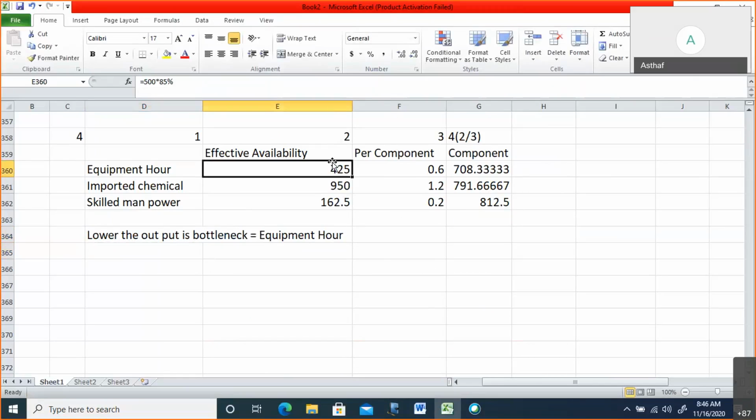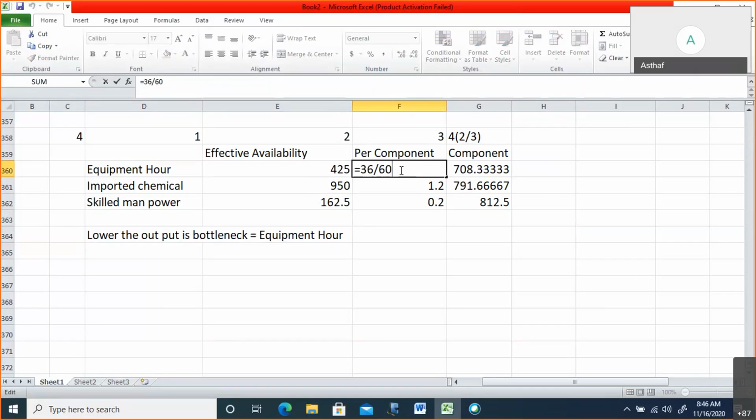See, this is how we find out: 500 into 85, this 1000 into 95, 250 into 65. See, what about per component? This is 36 minutes; what will it be in an hour? 1 hour equals 60 minutes.